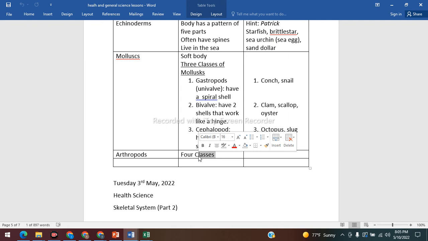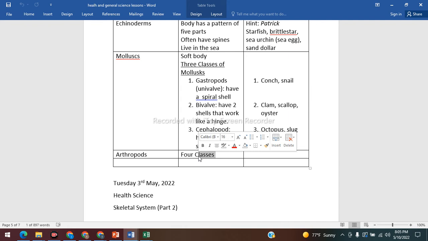I got one class. Crustaceans, right? Why you say crustaceans? Because it has an exoskeleton on the conjoined part. You're right. Insects. Crustaceans is one.